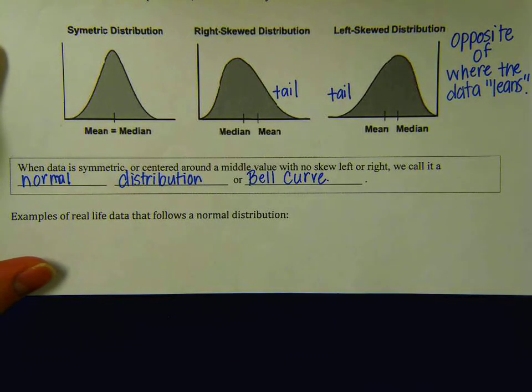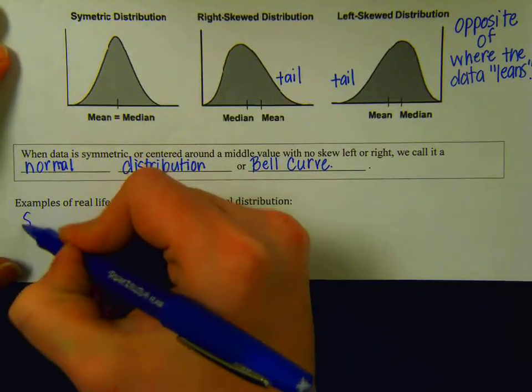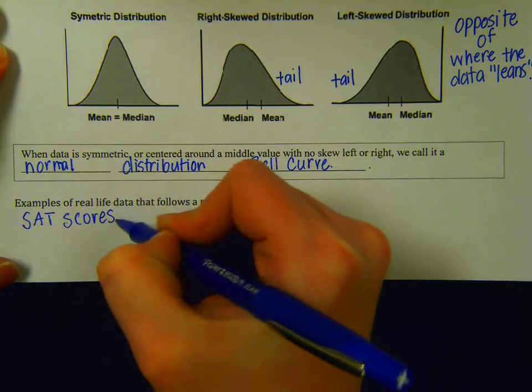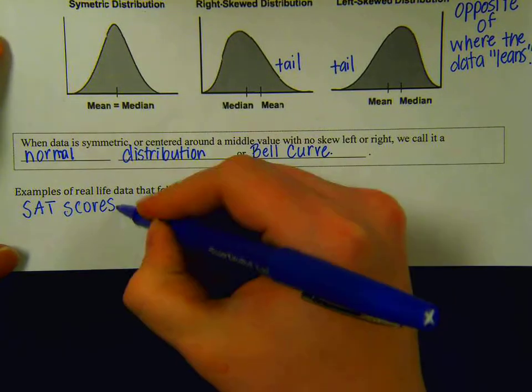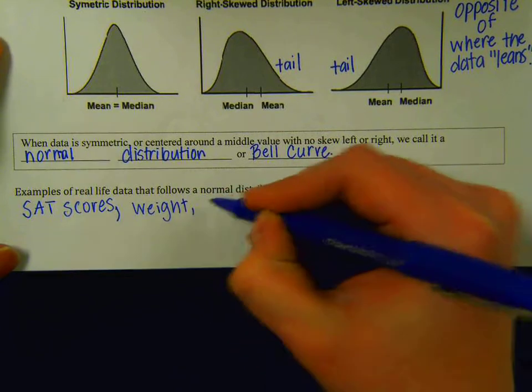There's a whole bunch of different explanations of when you would see normal distributions. I already mentioned grades. SAT scores go along with that. We also have weight or height.